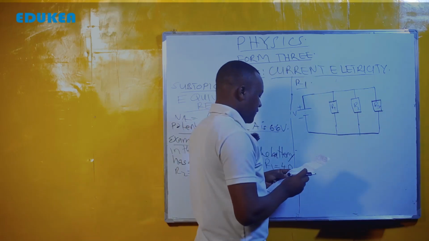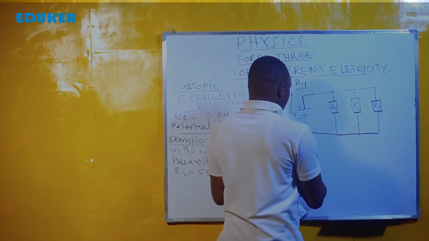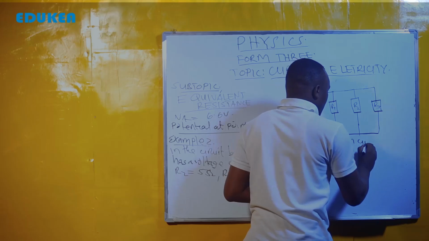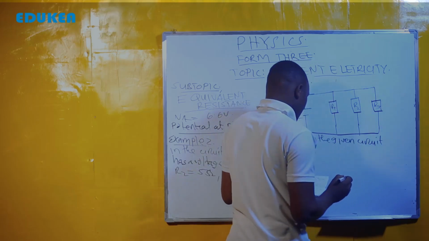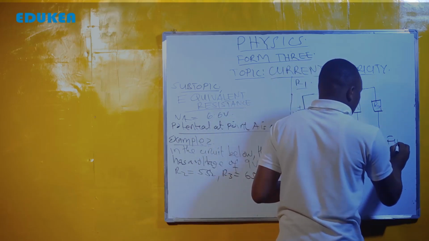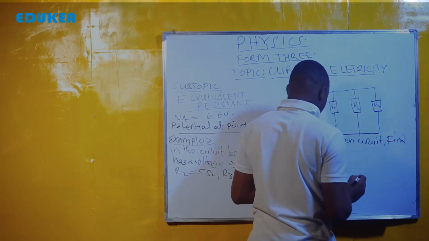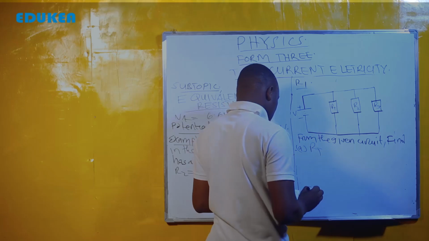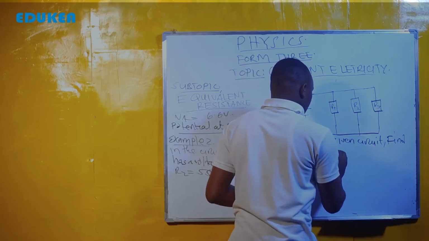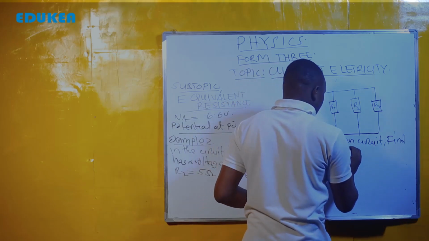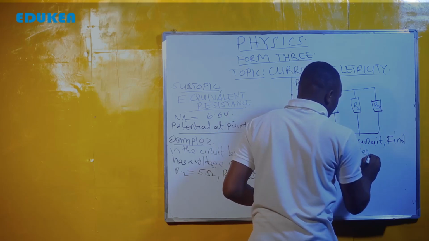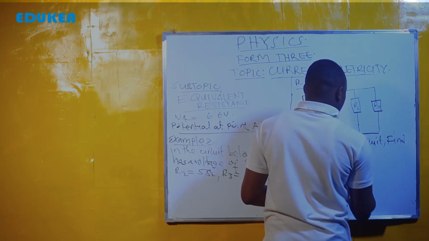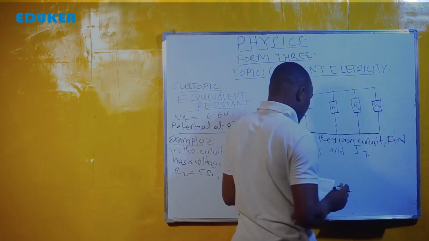So from the given circuit, find in part A the equivalent resistance and the total current flowing.